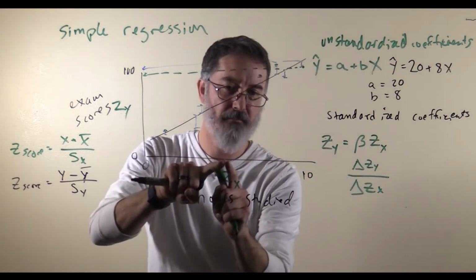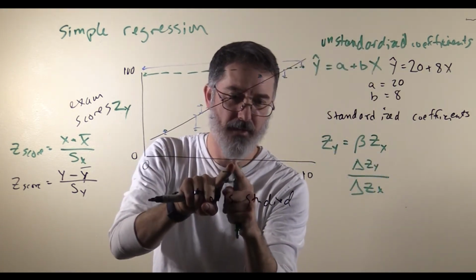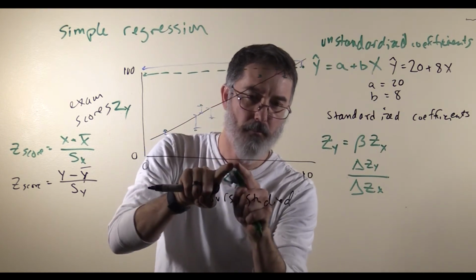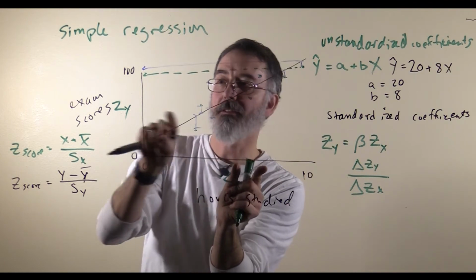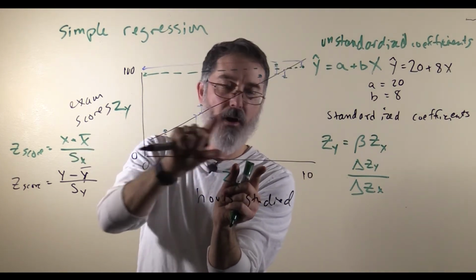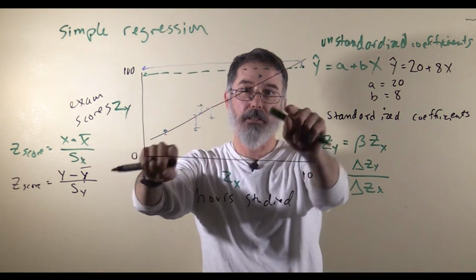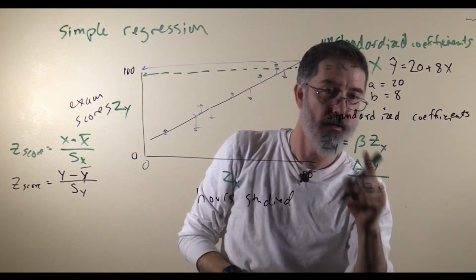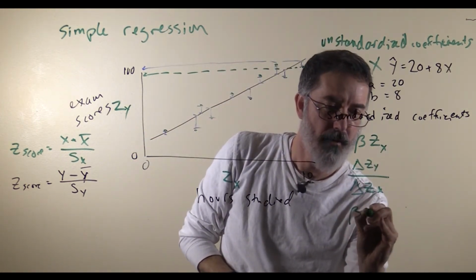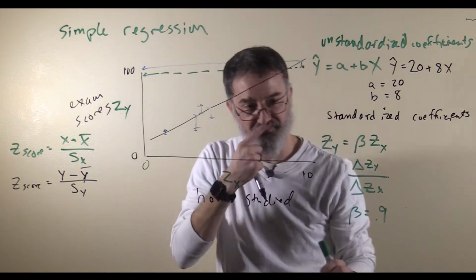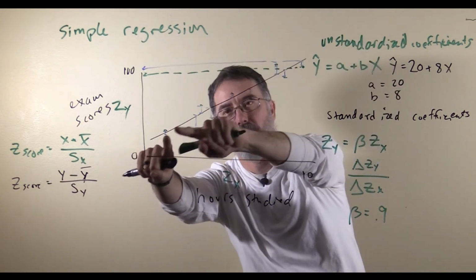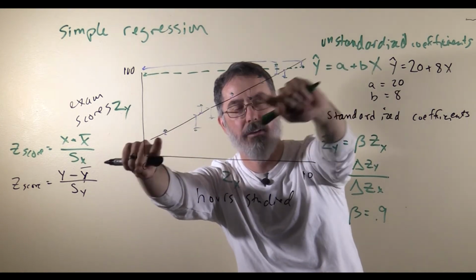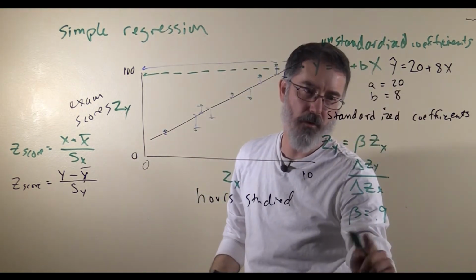So if this is 0, the mean of x, and you go up 1 standard deviation here, how many standard deviations do you go up for your y? In this case, my guess is beta is going to be about 0.9. And if these two are perfectly correlated, if there is no error in this prediction at all, beta is 1.